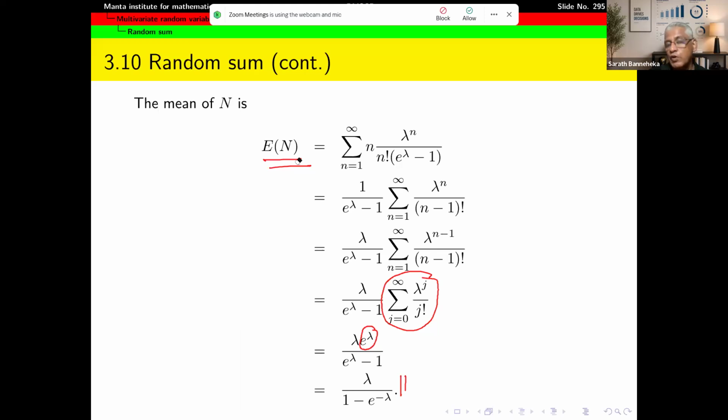It is very easy to see, because it is the same as the expected value of the usual Poisson distribution with parameter lambda divided by the normalizing constant. We saw that earlier, the normalizing constant for this one. This is the mean of a usual Poisson lambda distribution.